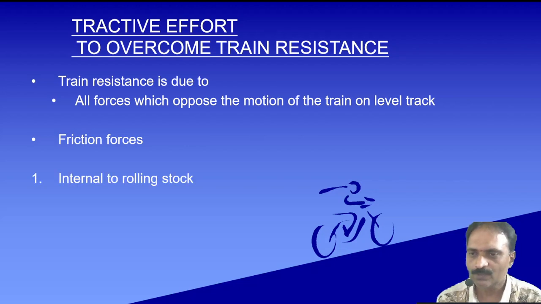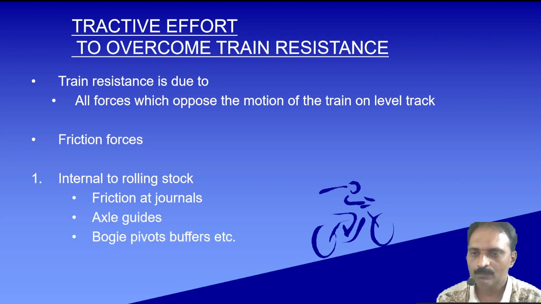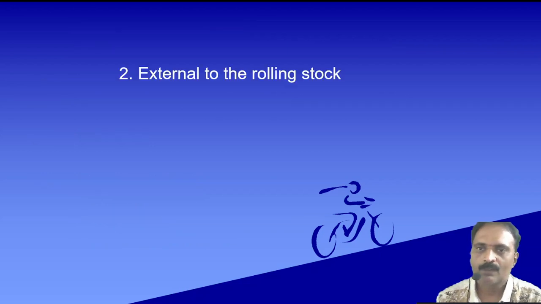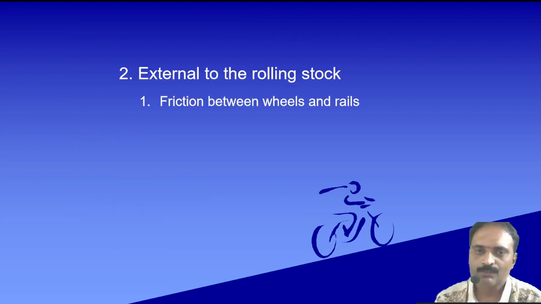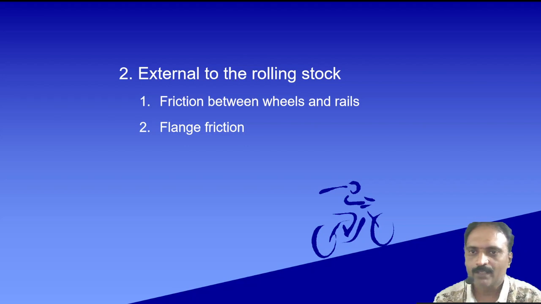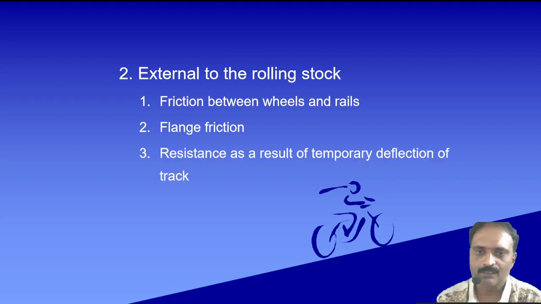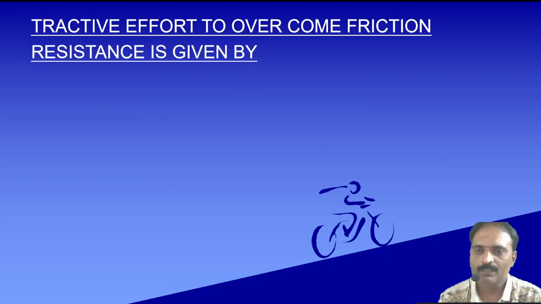So these are the resistances that we are going to have: frictional forces internal to the rolling stock, such as axle guides, bogie pivots, buffers, etc., and external to the rolling stock, friction between wheels and rails, flange friction, resistance as a result of temporary deflection of track, and aerodynamic drag.